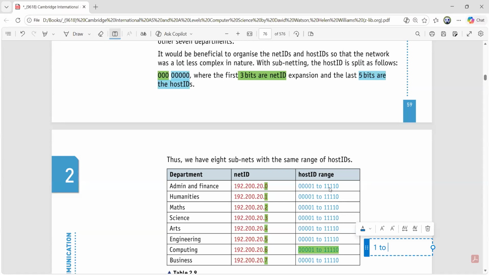Yes, you can see for yourself, it will be 1 to 30, which is good enough. So if a person enters any particular department, he will be assigned the IP address based on his placement. Have you all understood?